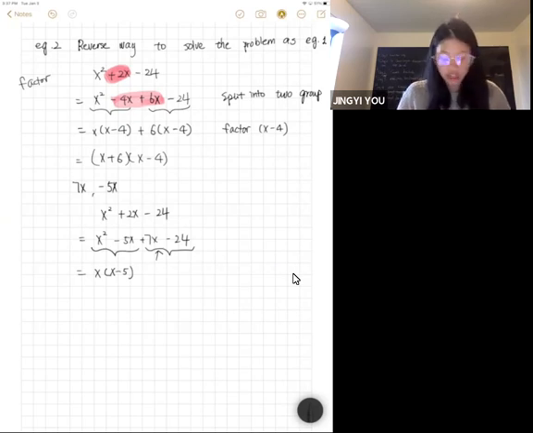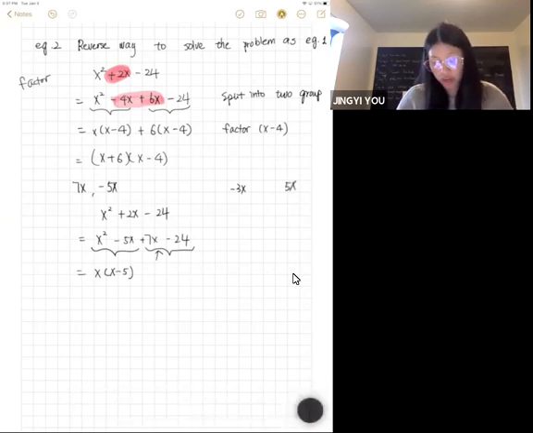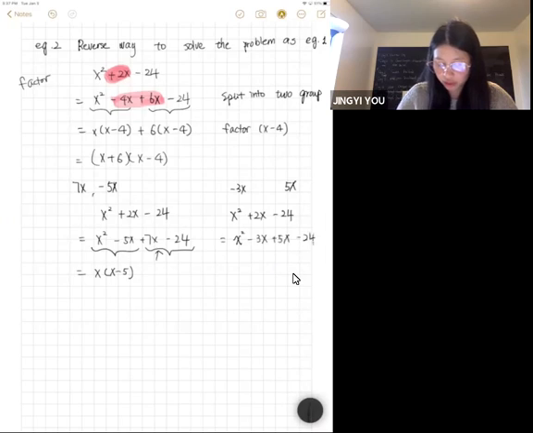So now let's try another one. Let's try negative 3x and 5x, because negative 3x plus 5x still equals positive 2x. Again, the same problem: x squared minus 3x plus 5x minus 24.